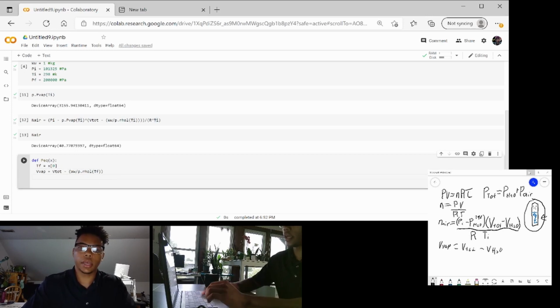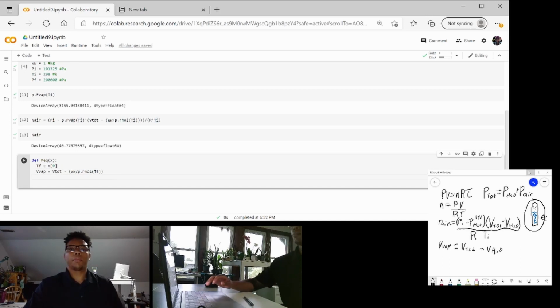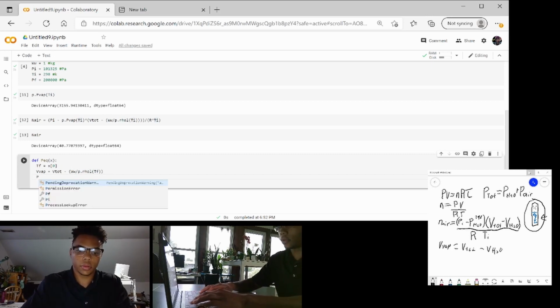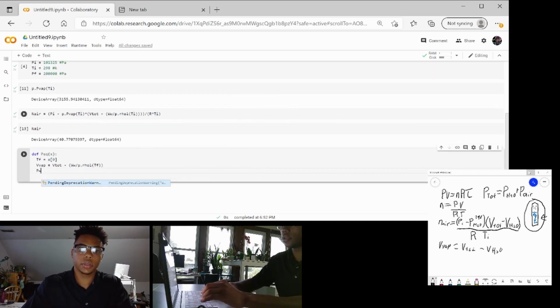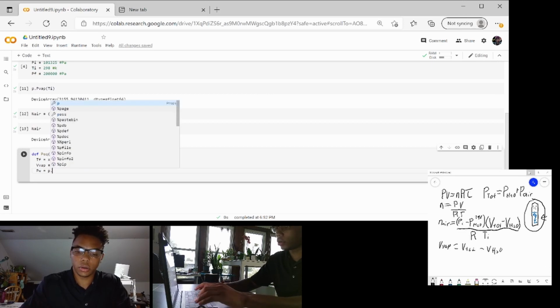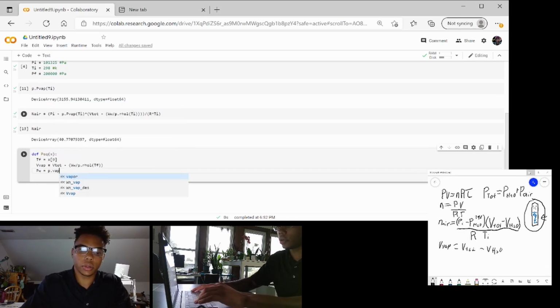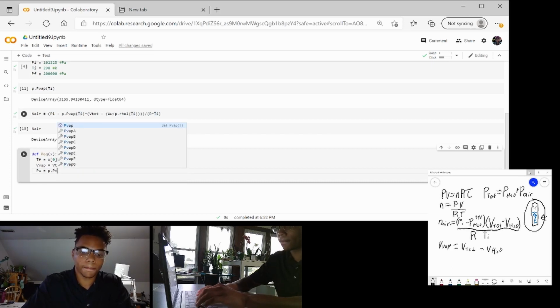And what we want to find next is our partial vapor pressure. So PW, we have not used that yet, no we have not, is going to be equal to our partial vapor pressure of water, evap, at our final temperature.